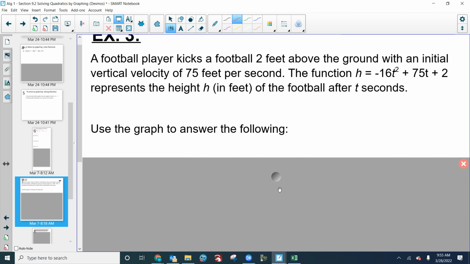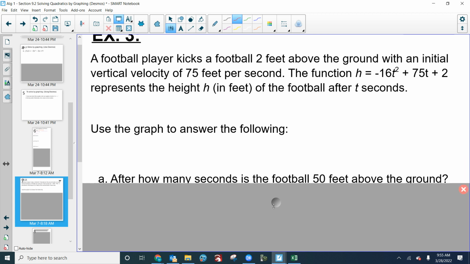All right. Once you guys turn this over, you guys have all been to football games or watched on TV when a player punts the ball, right? There's the equation. Okay, the velocity is 75 feet per second. There's the equation of it. All right, now go ahead and put this into Desmos.